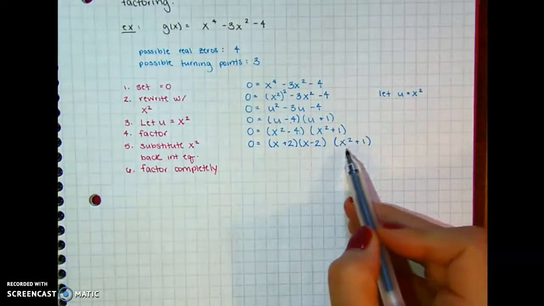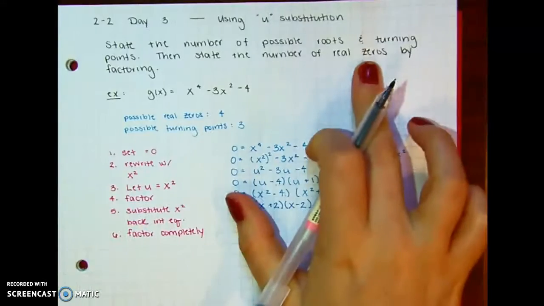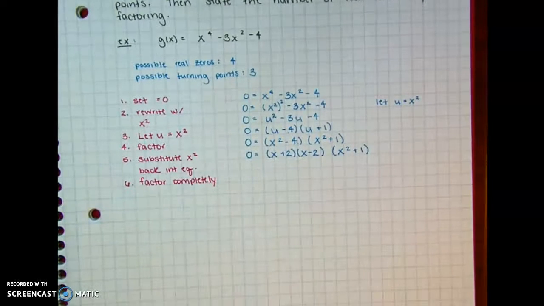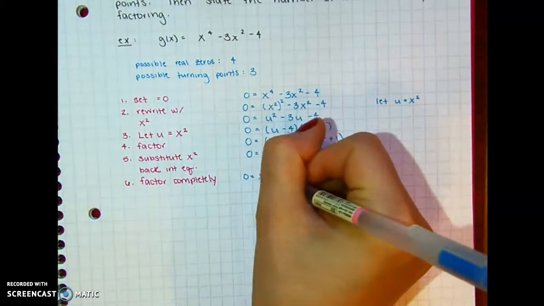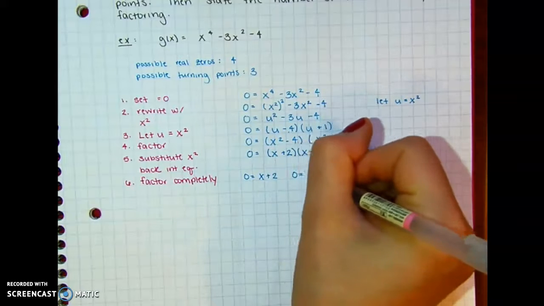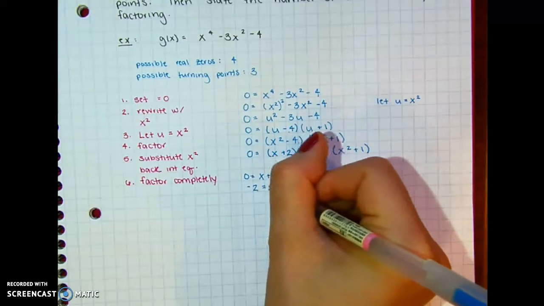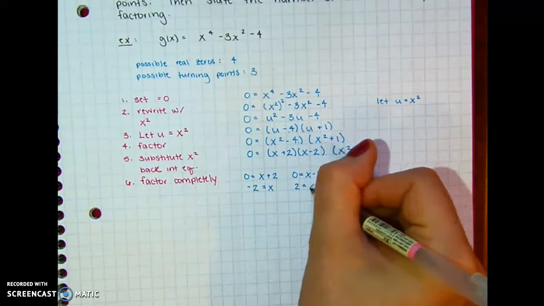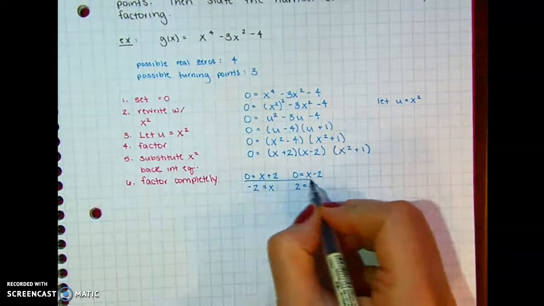Now you can't factor the other one anymore to get real zeros, because I did ask for real zeros. So my real zeros, if I use the zero product property, 0 equals x plus 2, 0 equals x minus 2. So we get negative 2 and positive 2. So these are our real zeros.